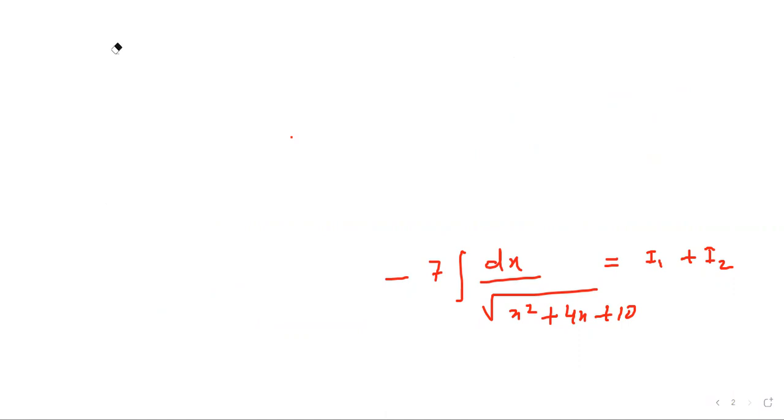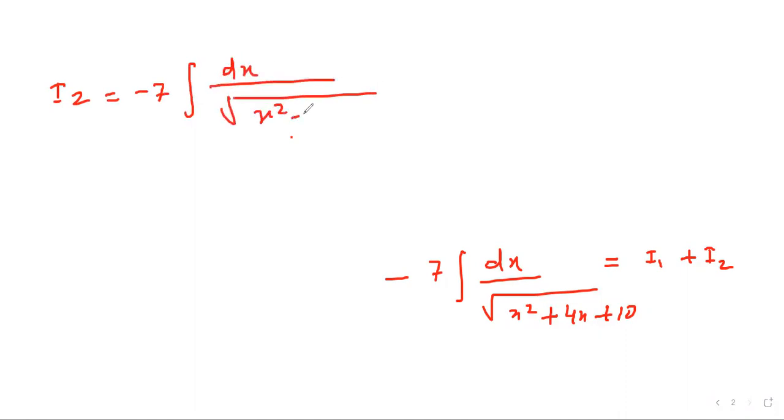We have I2 equal to minus 7 integration dx divided by root of x square plus 4x plus 10. Let's write it as perfect square.